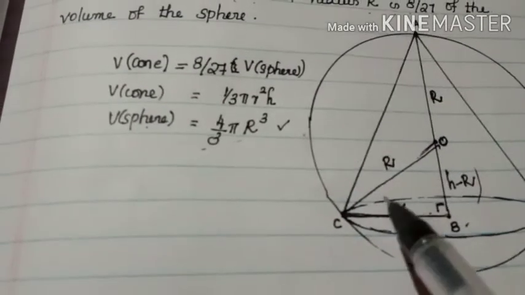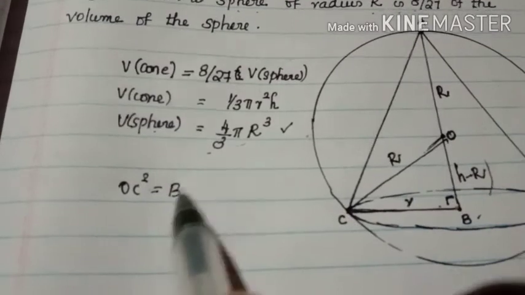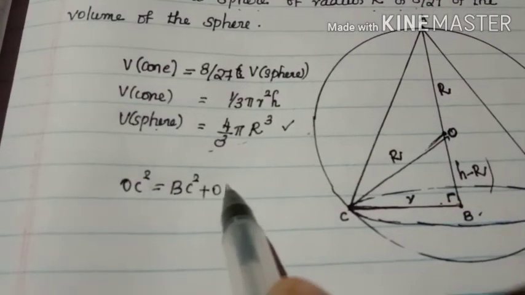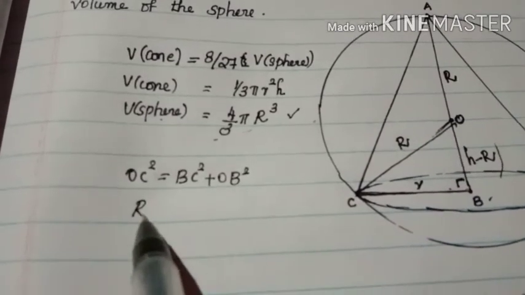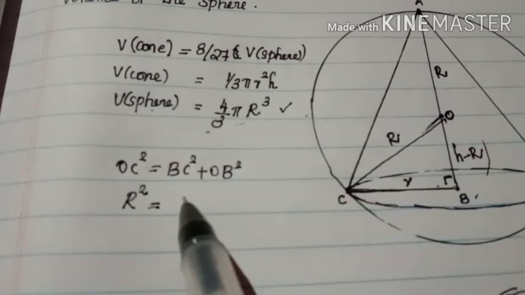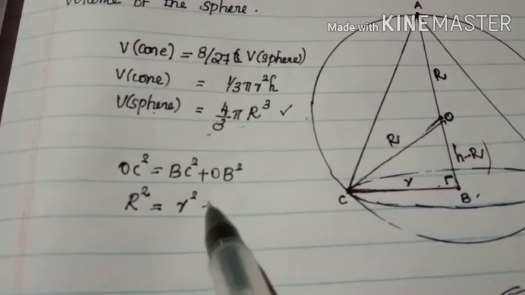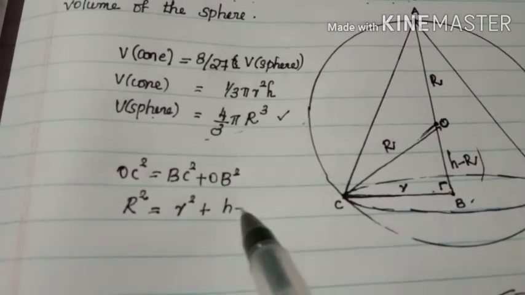So by Pythagoras theorem, hypotenuse square equals base square plus altitude square. Now the hypotenuse is the radius of the sphere. So R square equals base, which is the radius of the cone, small r square, plus OB, which is h minus R, whole square.